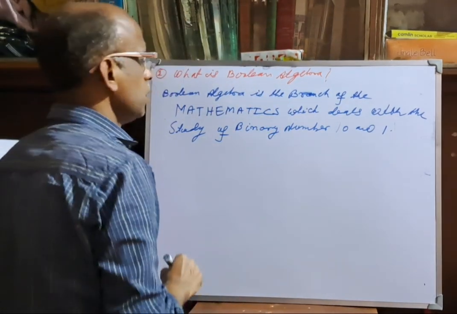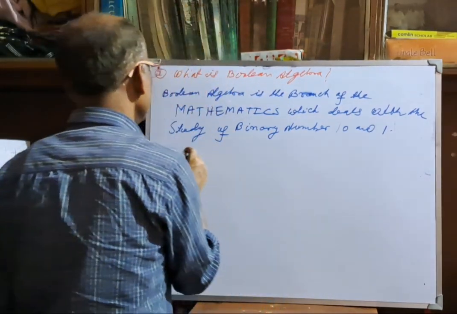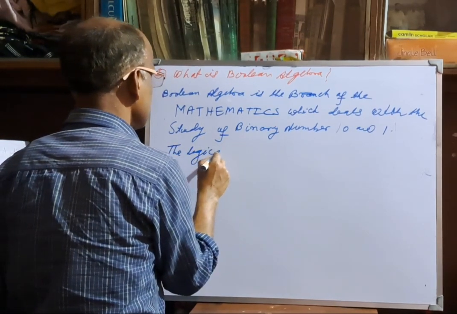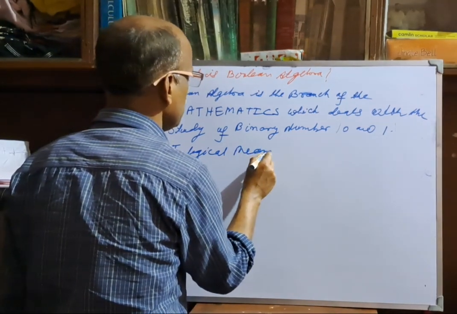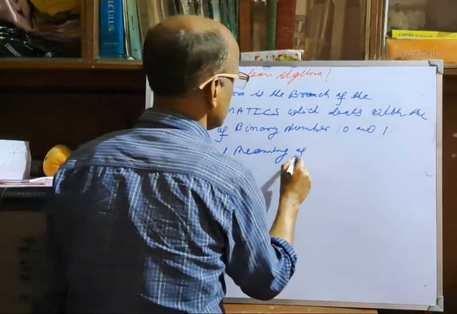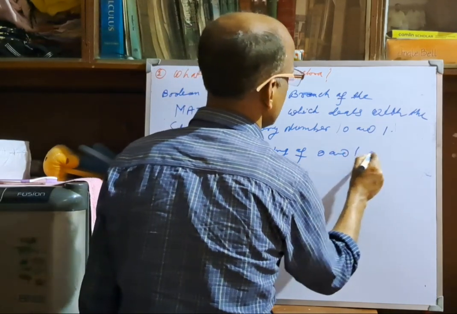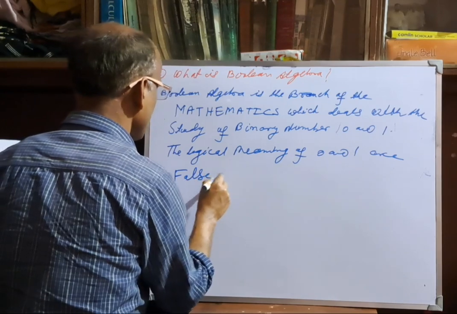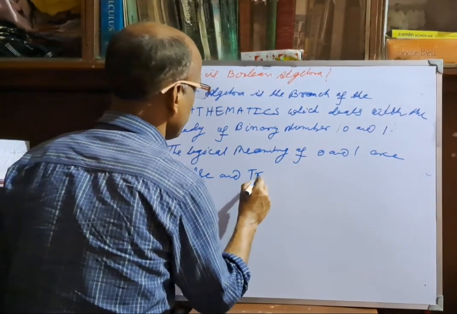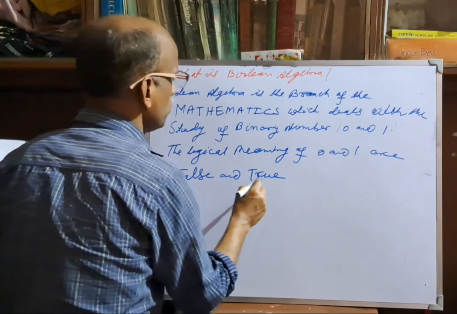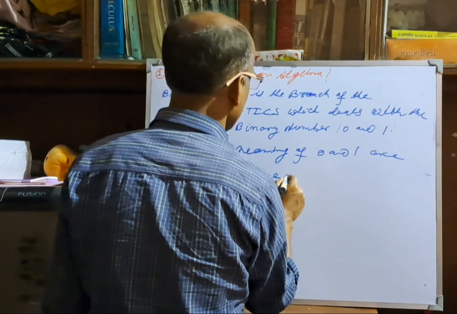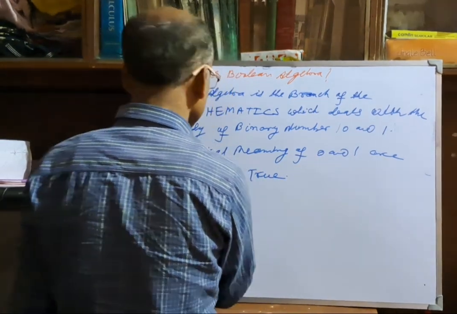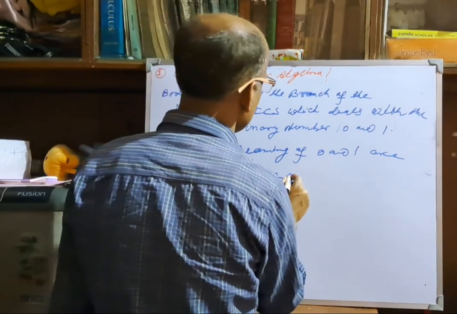The logical meaning of 0 and 1 is false and true. 0 is used for false and 1 is used for true.